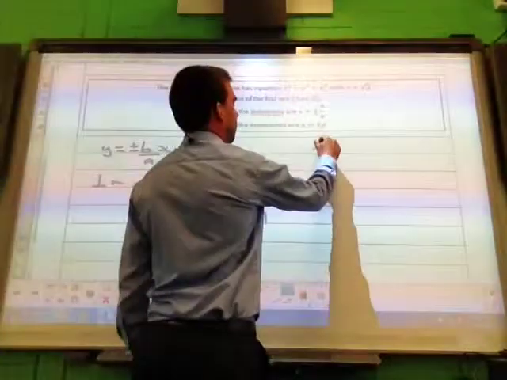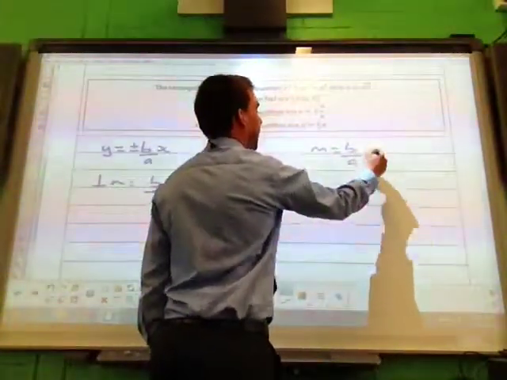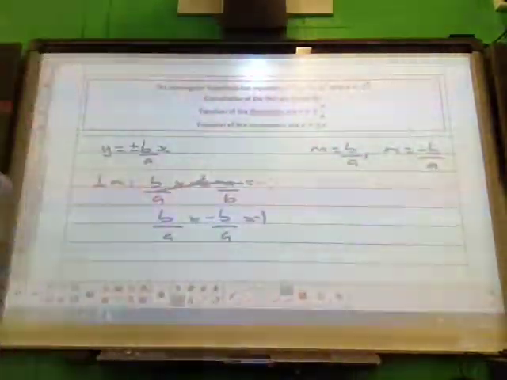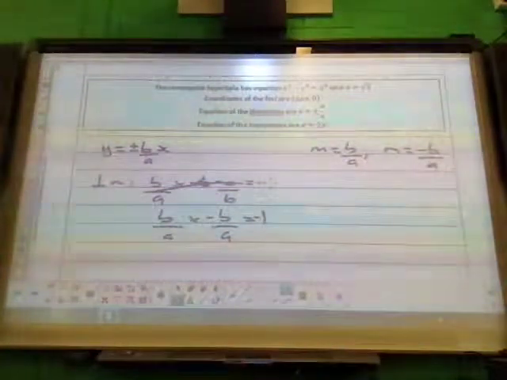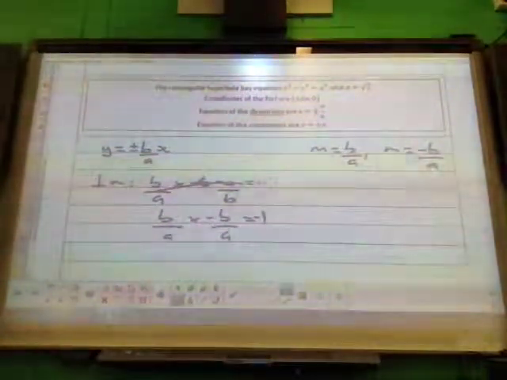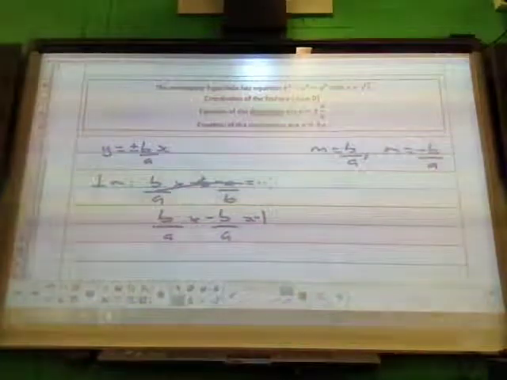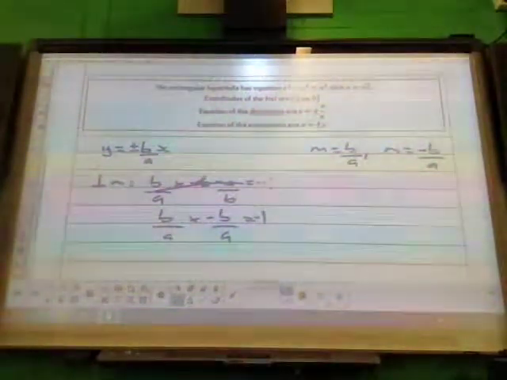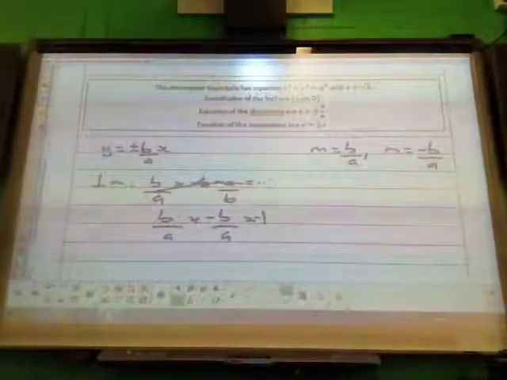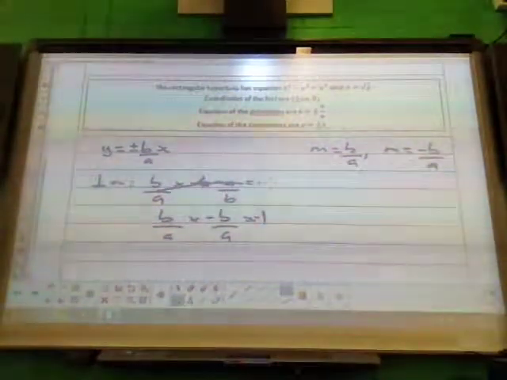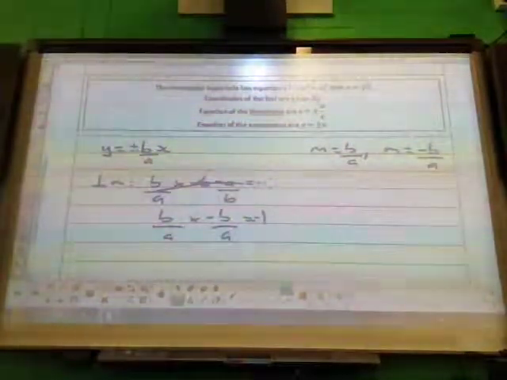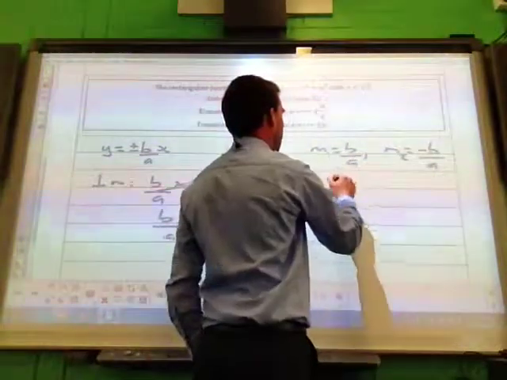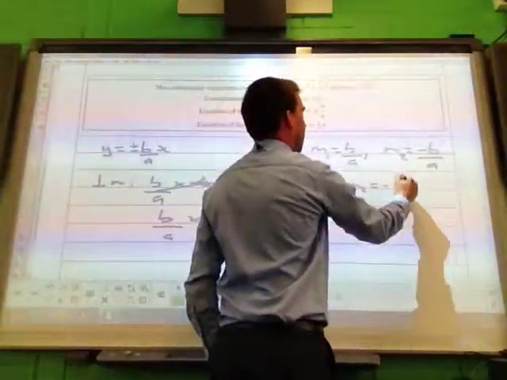Because we know the gradient of one of them is going to be B on A, and the gradient of the other one is going to be negative B on A. It would work if it's the first one you have, negative A on B, but that's changing the gradient of one of your asymptotes, isn't it? Okay, we don't actually want to do the reciprocal. We want to show that when you multiply those two, you will get -1. But I get what you're saying. Theoretically, if they're perpendicular, M1 times M2 must equal -1.